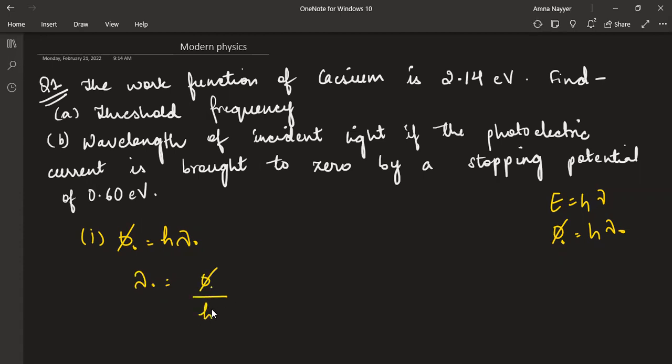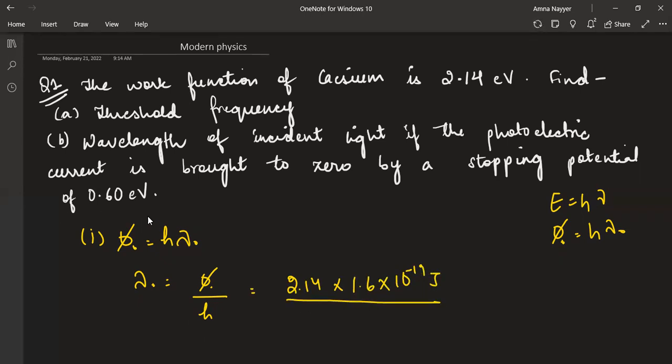This question is from your NCERT also. This exact question has come 2 or 3 times in CBSE. So work function is 2.14 electron volt. We have to convert it, so we multiply by 1.6 into 10 to the power minus 19 to get the value in joules.